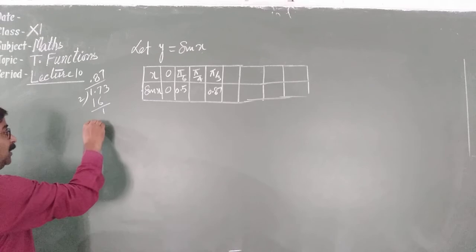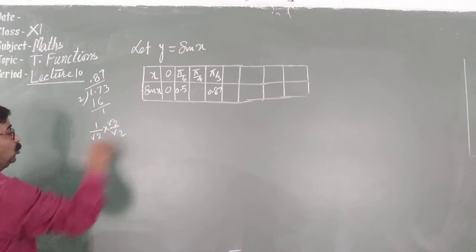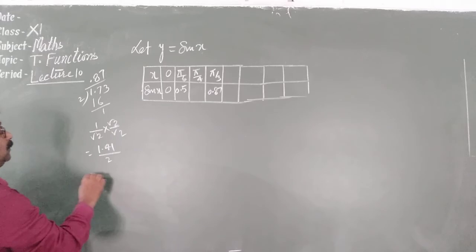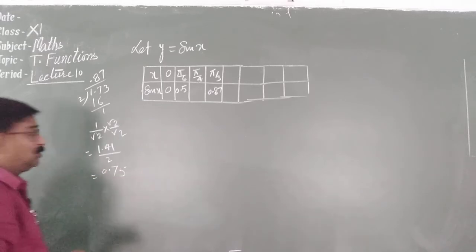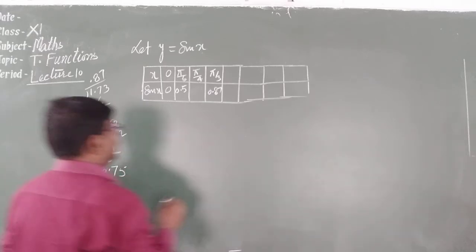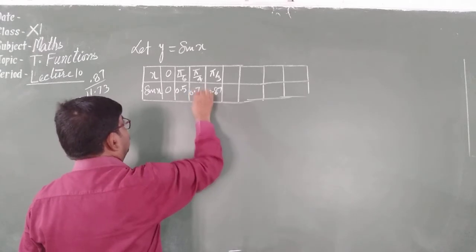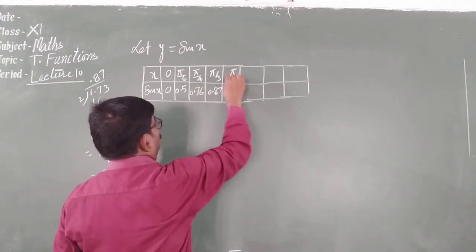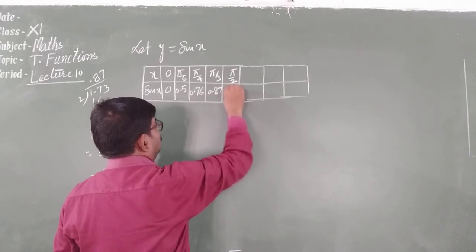Multiplying and dividing by √2, we have 1.41 upon 2, about 0.7. Then pi by 2, 90 degree, the value is 1.